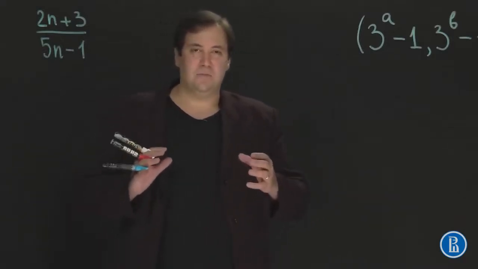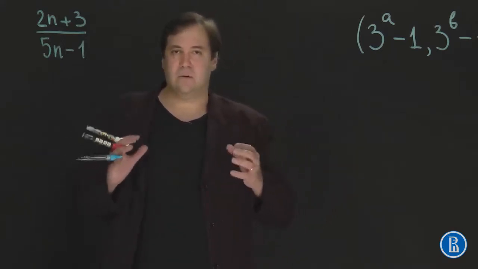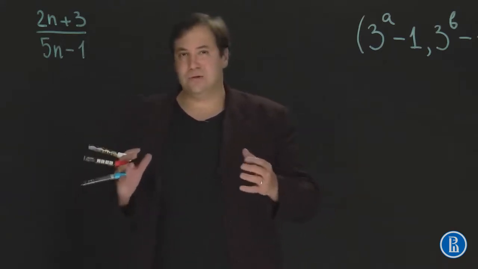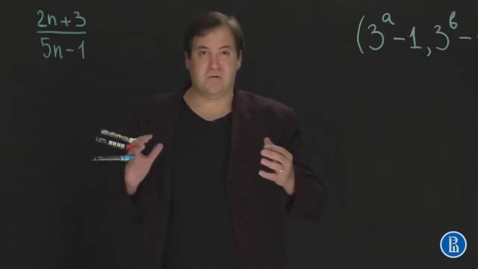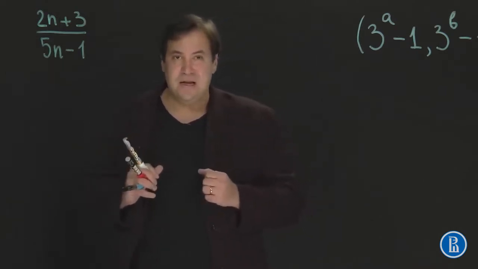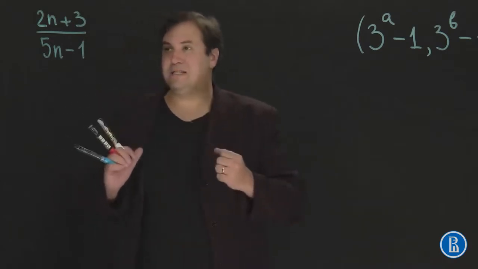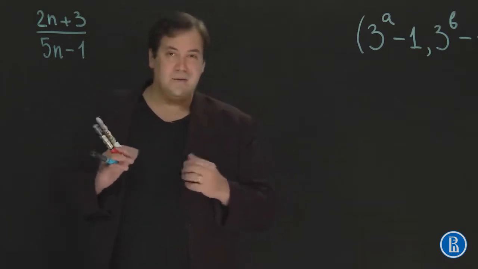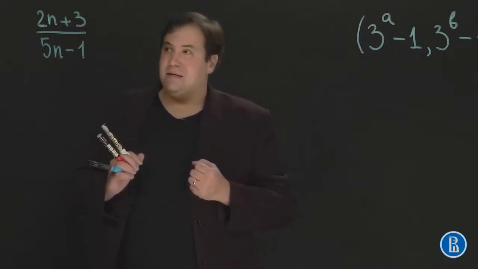In this video, I would like to consider several examples of how ideas related to the Euclidean algorithm and linear representation of the greatest common divisor could be useful in different situations. For instance, consider a fraction (2n+3)/(5n-1), where n is an integer.